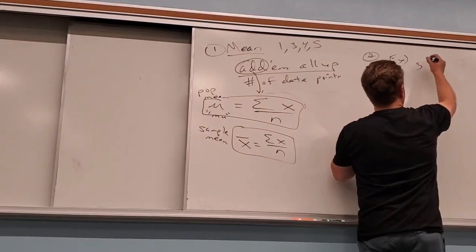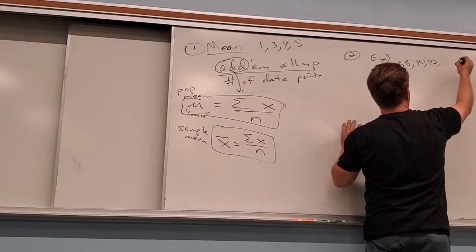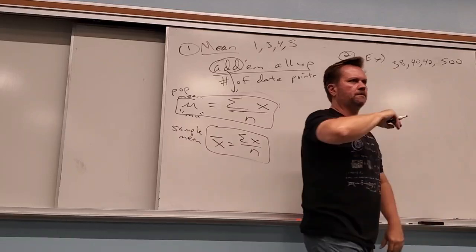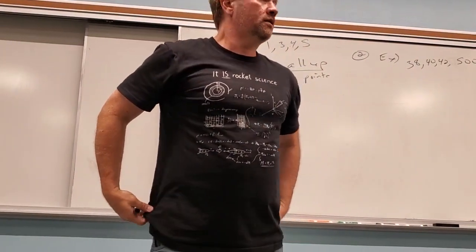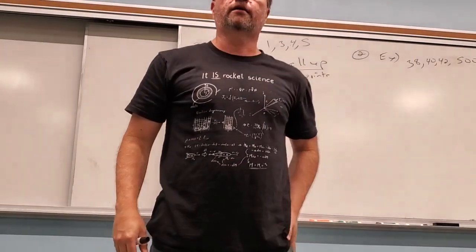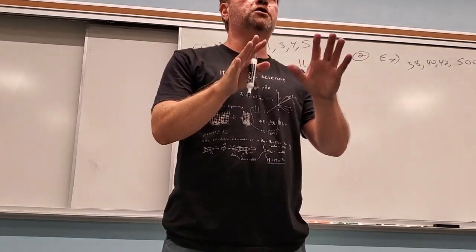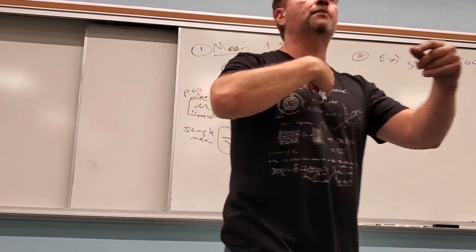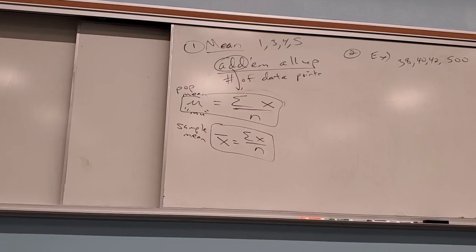And let's say one guy makes 38,000, somebody makes 40,000, somebody makes 42,000, and then we got the CEO, right? It's basically reality. If I took the average and told that, let's say I'm going to start working at the company, and I want to know how much I can expect to make.